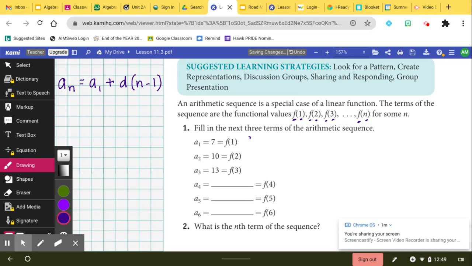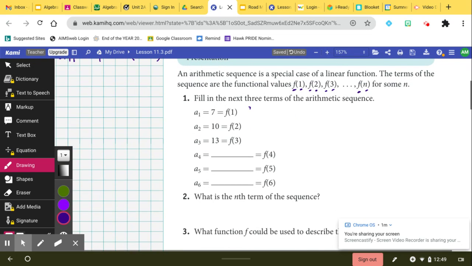So it says fill in the next three terms of an arithmetic sequence. So a sub 1 is 7. So the first term is 7. That's f of 1. A sub 2, so the term in the second position, is 10. Or that could be f of 2. So function f in the second position. A sub 3, the term in the third position, or f of 3, is 13.